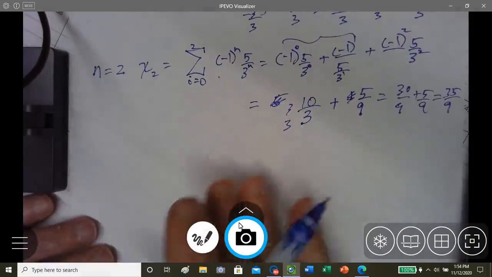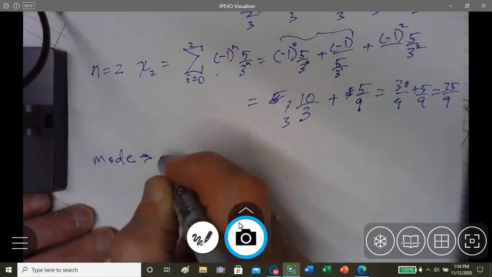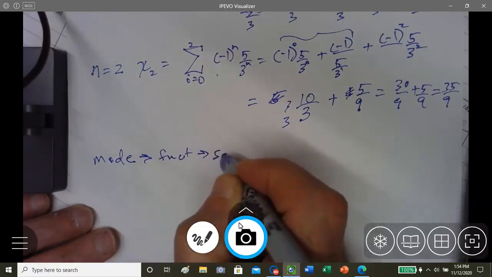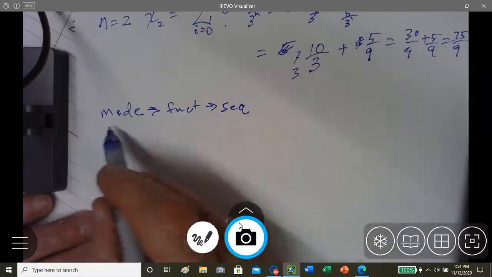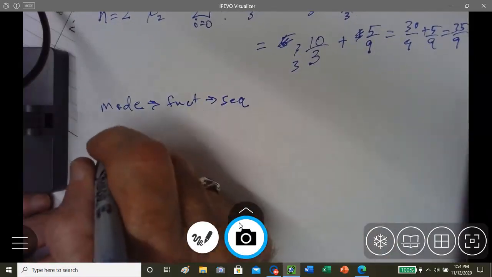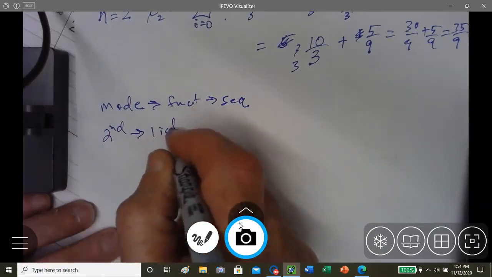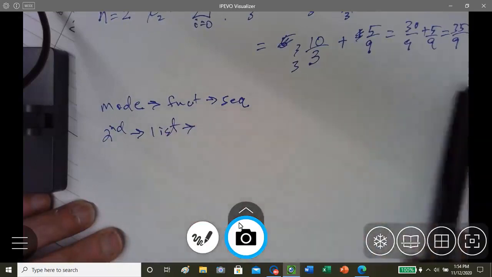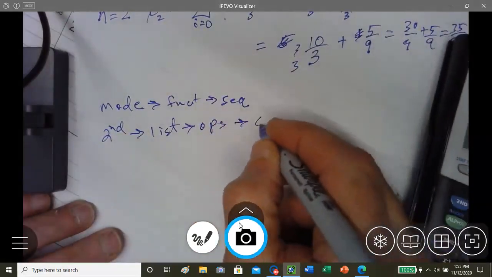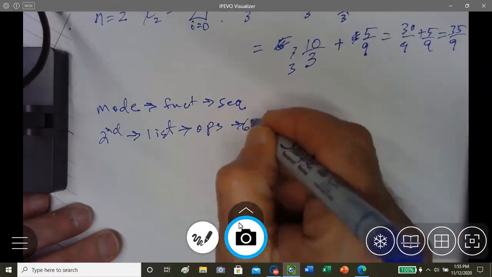So this is mode, function, sequence. Okay, so that's just to set up the sequence, and we're already in that, so we don't have to mess with that. And then we go back to second and list, and this time instead of going to math, we're going to ops, and then we're going to cumulative sum 6.